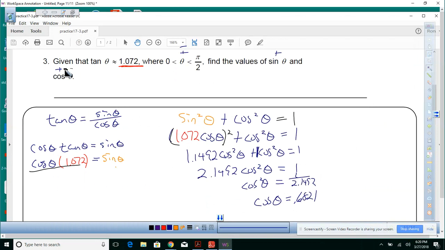Now cosine theta is positive, so cosine theta equals 0.6821.